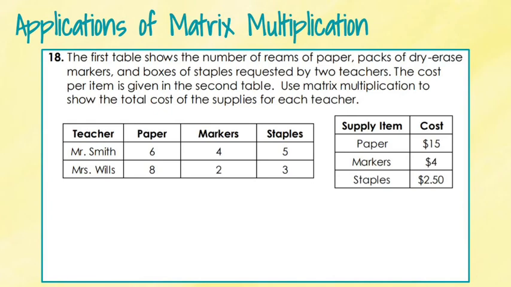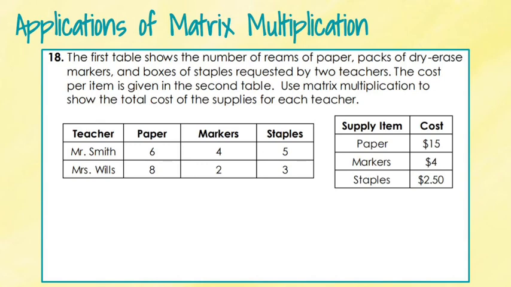So I'm going to show you how to do this in just a second, but first I want us to think about the fact, if we wanted to know how much Mr. Smith spent, we would do paper times paper cost, we do markers times marker cost, staples times staple cost, and then we would add those together. Well, that's exactly what we do whenever we do matrix multiplication.